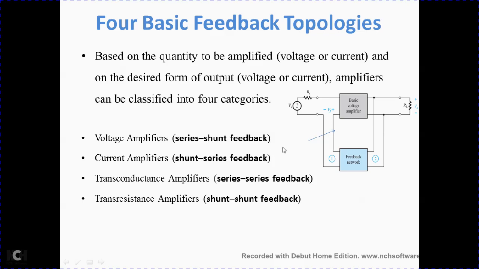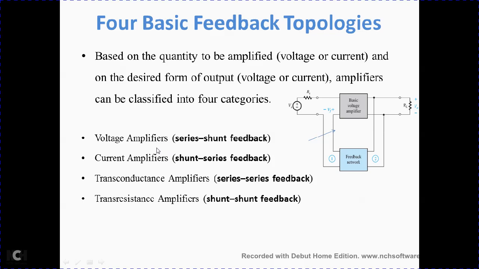Likewise, we have different names for the other amplifiers: shunt series feedback, series feedback, and shunt feedback. These are classified based on the quantity to be amplified, whether voltage or current, and the desired form of output, whether an output voltage or a current. In a voltage amplifier, input and output are both voltages; for a given input we get an amplified output.